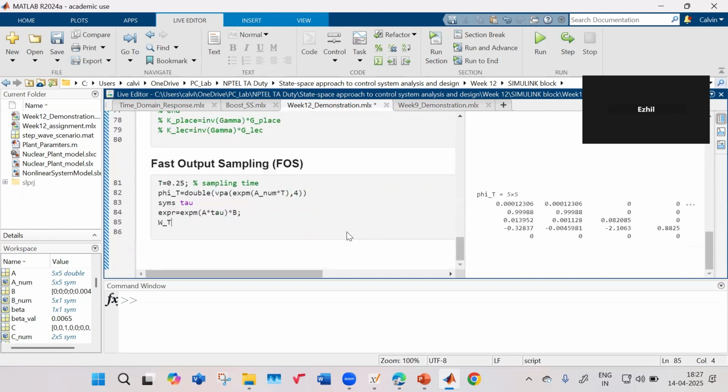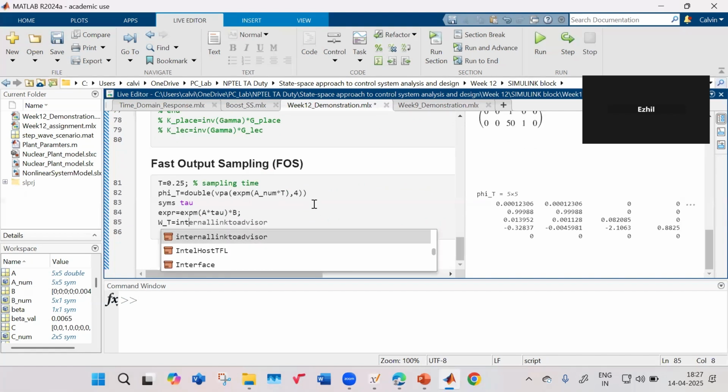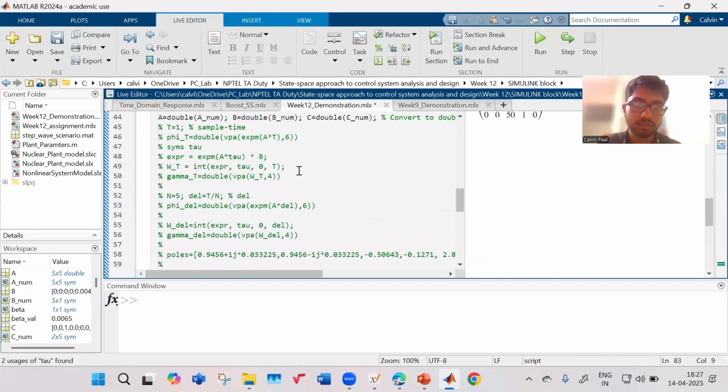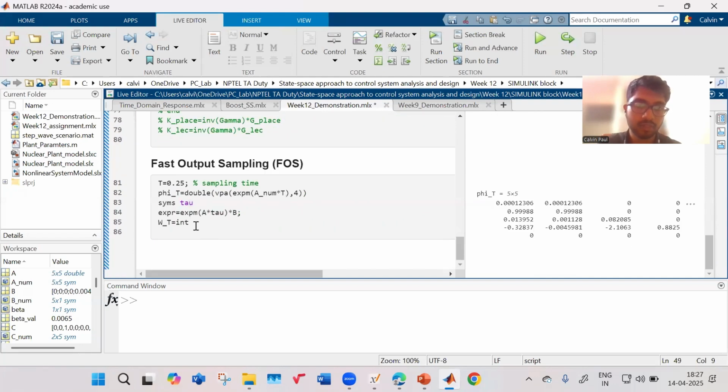Omega underscore t is the integration of the expression with respect to tau from 0 to t. So this is omega t.